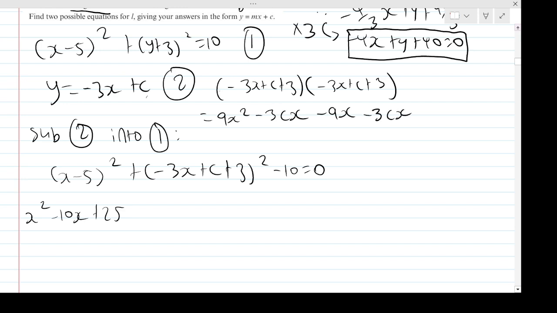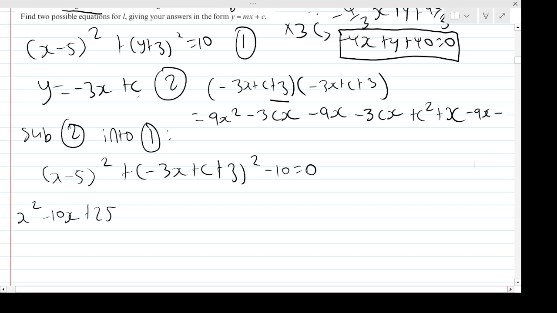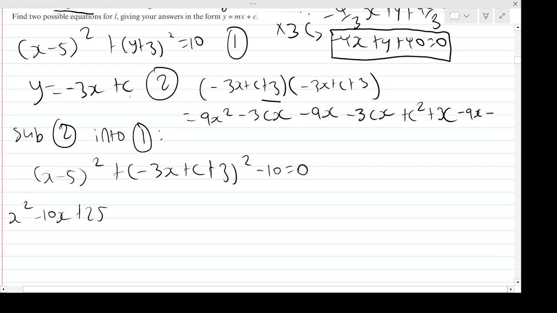Then I have c times c is plus c squared. Then I have c times 3, which is 3c. Then I move on to the last term. The 3 times minus 3x is minus 9x. Then 3 times c is, if it lets me, I need more space to the right. I might be able to squeeze it in. Anyway, then 3 times c is plus 3c.